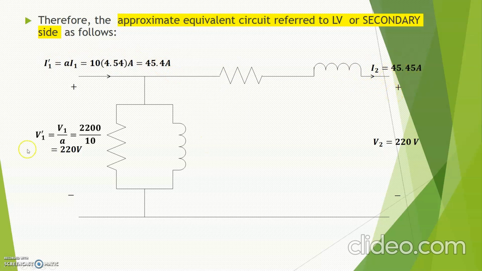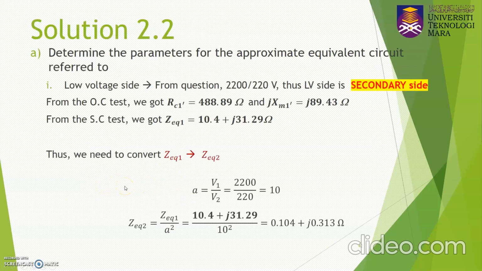Once you get all the values of V1 prime, I1 prime, V2 and I2, then you can write down the values of RC, XM, R equivalent and also X equivalent. In this case, RC1 prime is equal to 488.89 ohm, based on the value from the previous slide.